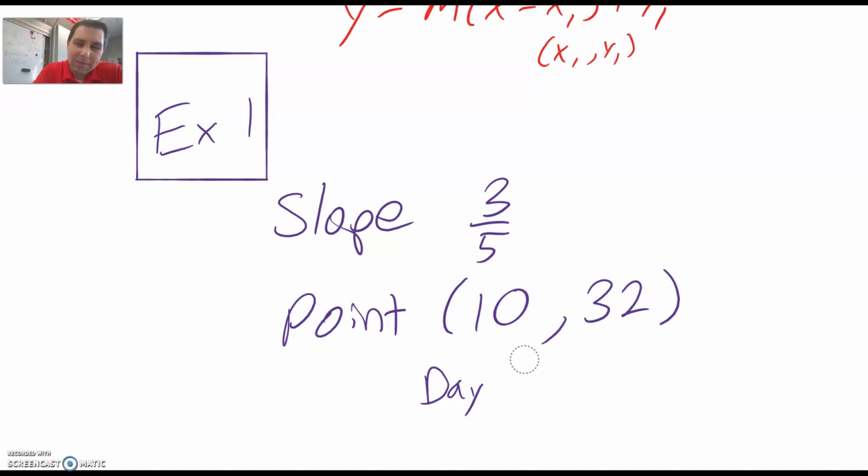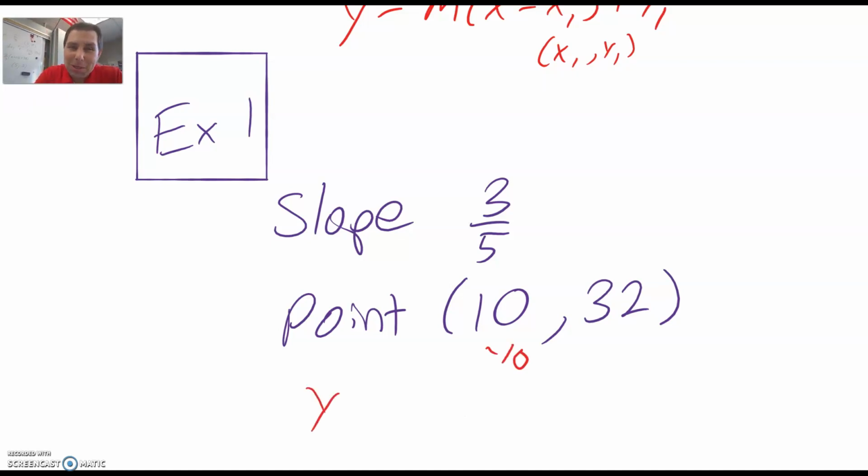Well, the cool part is if I can figure out a way to make this 10 become 0, then that's my new starting point. I can start with this point and not with the y-intercept. So what I'm going to do is take 10 and figure out, okay, what do I need to do to 10 to make it become 0? Well, I need to subtract 10 from it.